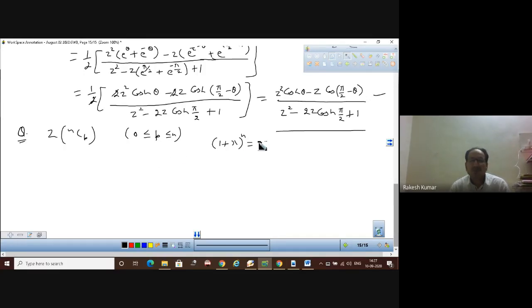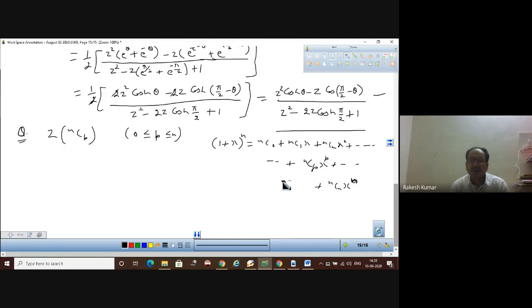So we have to expand that: nC0 plus nC1 x plus nC2 x square and so on. There will be a term nCp x raised to power p, and so on. And the last term will be nCn x raised to power n.